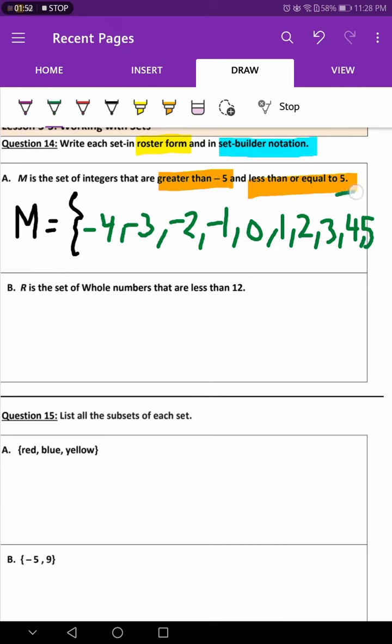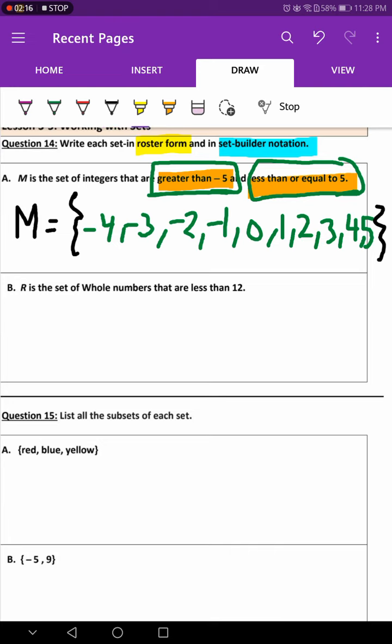Why do I take the 5 but I didn't take the -5? Because here it is greater than -5, so the -5 is not included, but here it is less than or equal to 5, so I take the 5. So I'm done with the roster form.